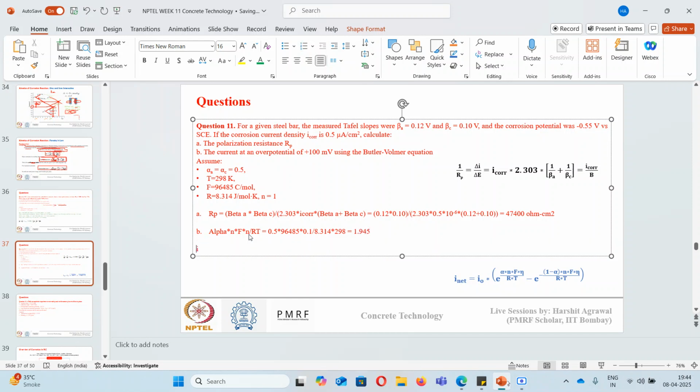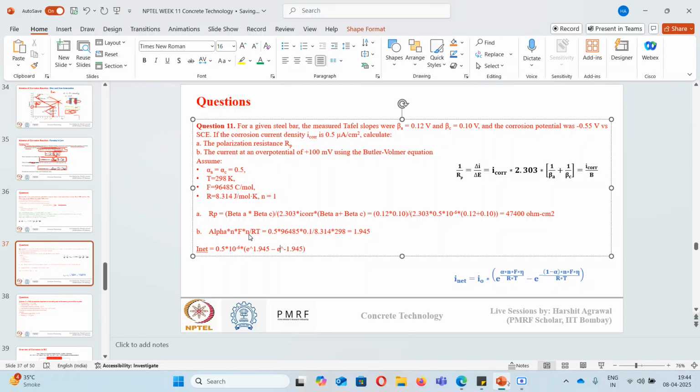So I net is equal to I naught, which is 0.5 into 10 to the power minus 6 times e to the power 19.45 minus e to the power minus 19.45.